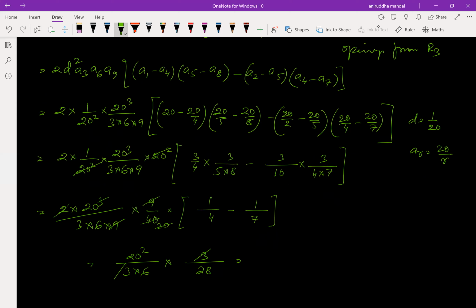So we can write this as 20 into 20 divided by 6 into 28, which gives 50 by 21.